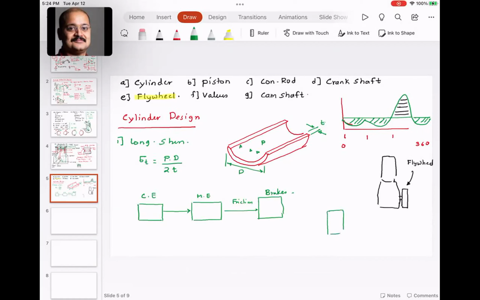The power that is generated inside the cylinder is called indicated power. And the power that is available at tire or brake is called the brake power.